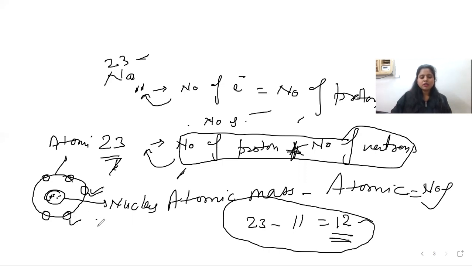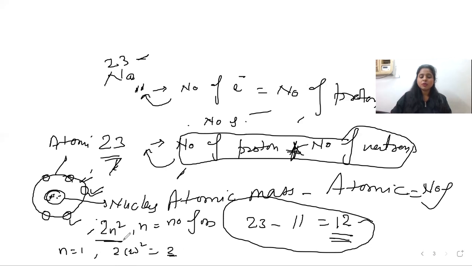And how can we talk about the occupancy of the electrons? Like how can we say how many electrons will be in one orbit? There is a formula, that is 2n square. N is the number of the orbit, and 2n square is the occupancy of electrons in the orbit. If n is equal to 1, then 2 into 1 square is 2.